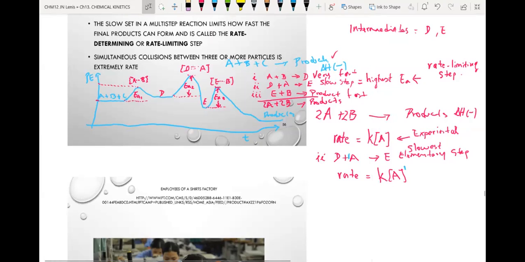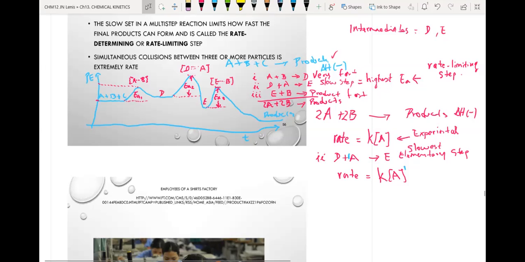This exponent here comes from the stoichiometric coefficient of an elementary step. Again, you cannot do that here because this is the rate of the overall reaction, and that has to be done experimentally. And this is the rate for that step.